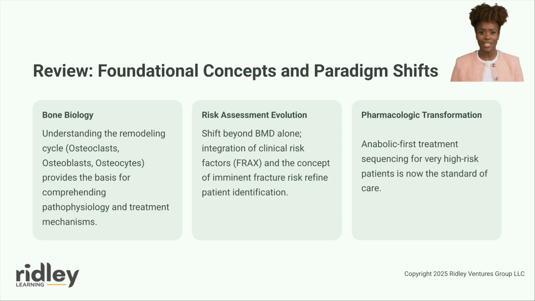Contemporary pharmacologic management has been transformed by the emergence of anabolic-first treatment sequencing for very high-risk patients. This represents a fundamental shift from earlier approaches that reserved anabolic agents for treatment failures.